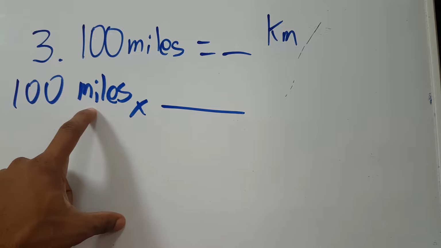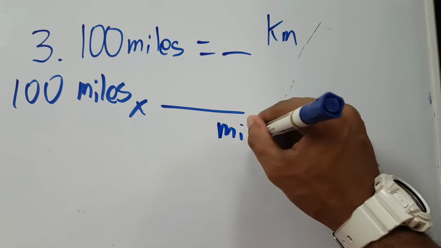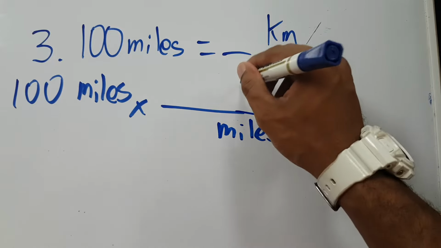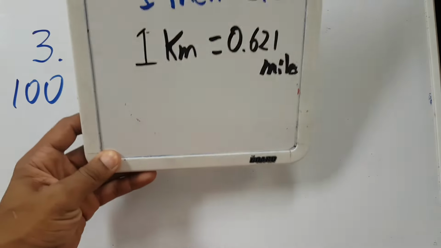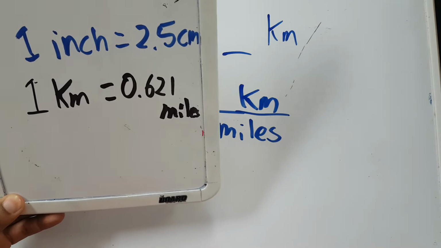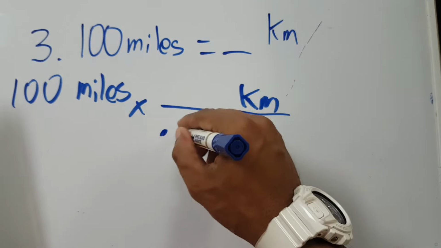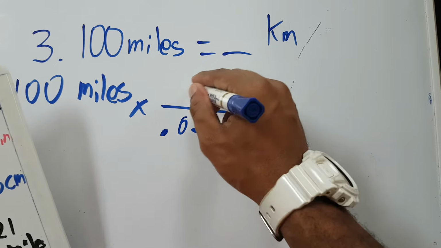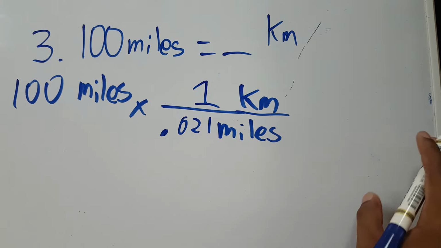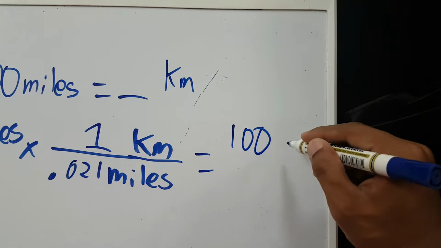Unit on top, unit has to be on the bottom. So we have miles on the bottom, and then we look at our conversion factor. It is 1 kilometer and 0.621 miles. So miles is on the bottom, so we're going to put 0.621, and then 1. 100 multiplied by 1 is going to give you 100.